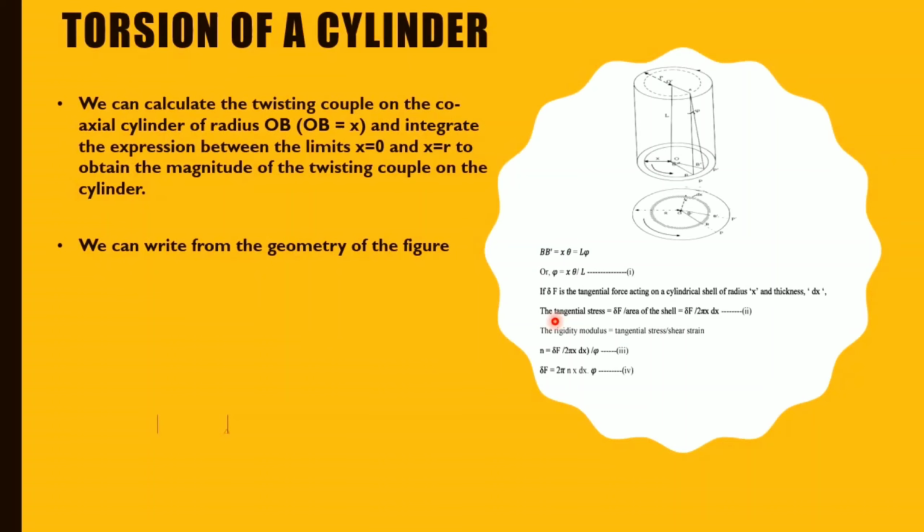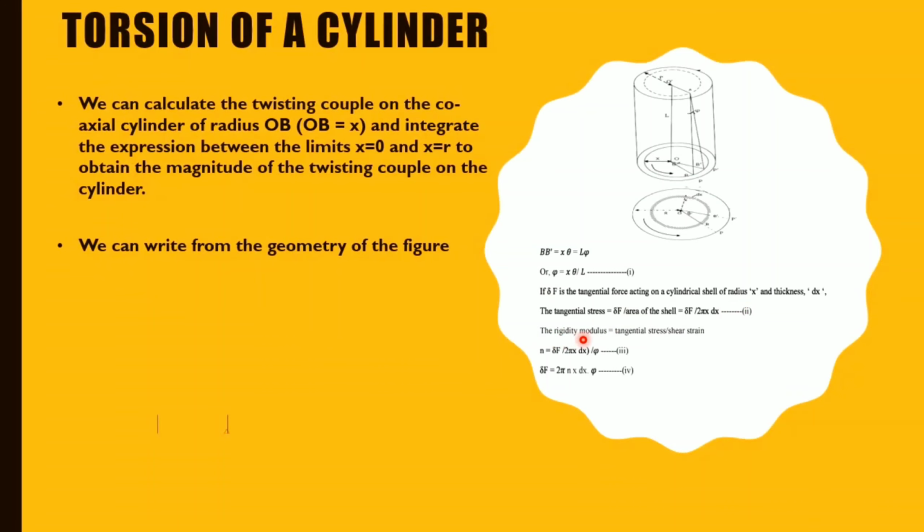So we know that tangential stress is equal to delta F by area of the shell. So this delta F is divided by 2 pi x dx, where 2 pi x is the circumference. This will be equation 2.